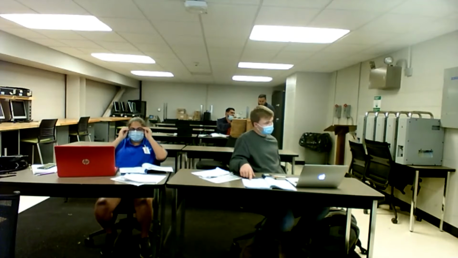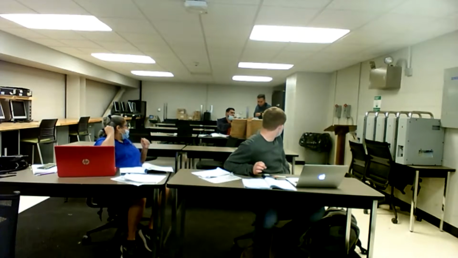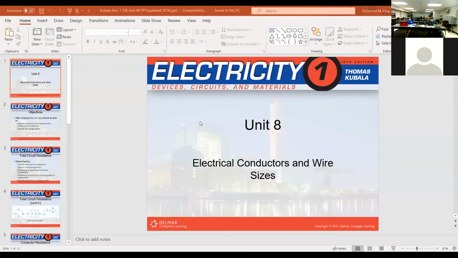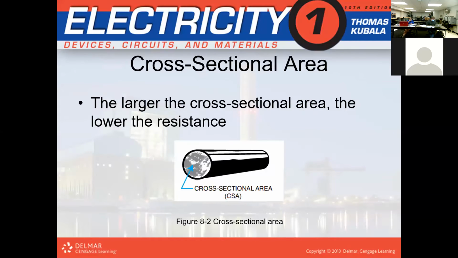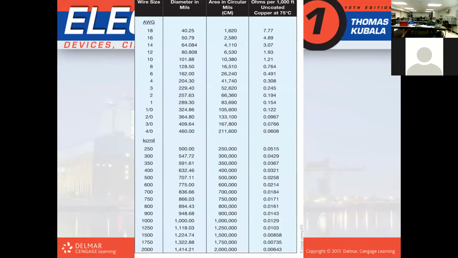Okay, go back to Zoom and share screen. Chapter 8. Okay, Jamie, did you see the chapter 8 PowerPoint? Yes, sir. So we're going to go to that table now. You see the table? Yes, sir. I got my book open to it.